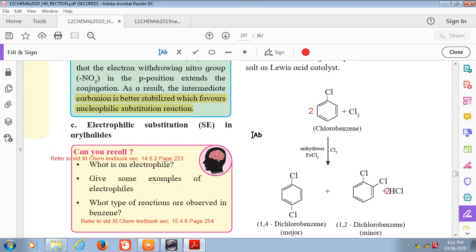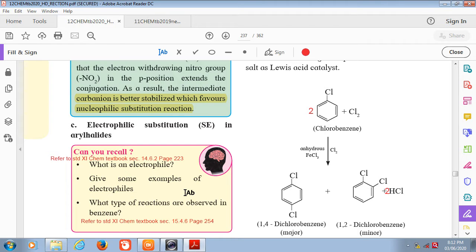So for that purpose you must know what is an electrophile. So you can refer to the standard 11 chemistry textbook, section 14.6.2 and page number 223. You can write some examples of electrophile: Cl plus, NO2 plus, CH3 plus.